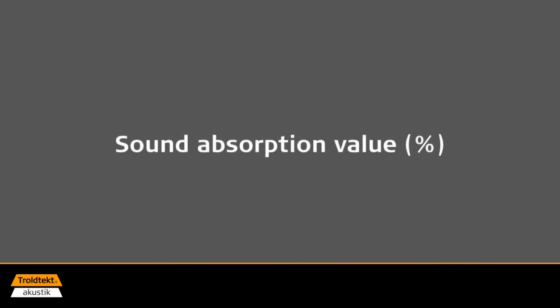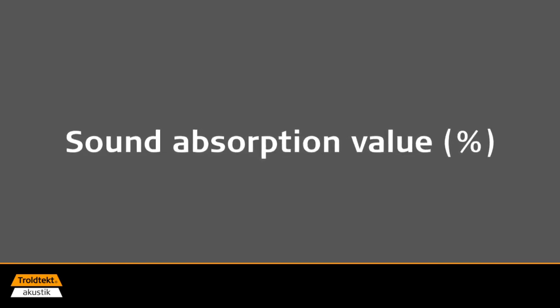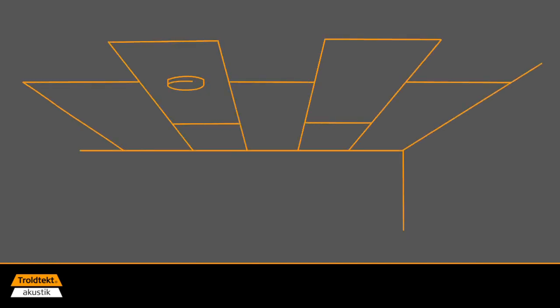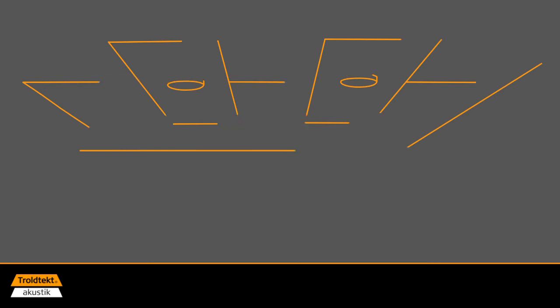It's therefore important to select a material with a high sound absorption value for large surfaces. In this way, it's possible to regulate and reduce the reverberation time to achieve a good acoustic environment with a clear acoustic image. The ceiling will usually be the easiest surface to regulate acoustically, since it's both large and accessible.